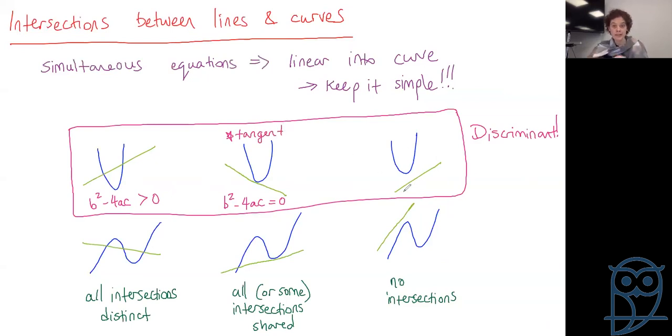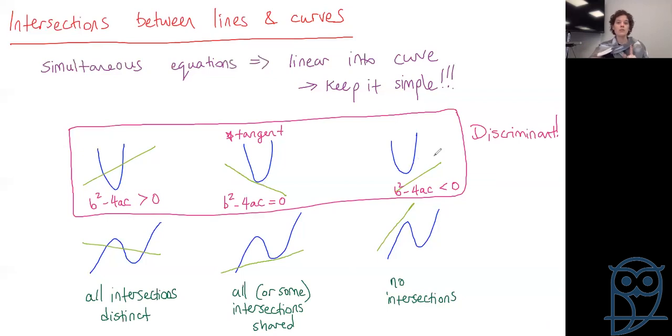And no intersections, same as no roots, no solutions, b squared minus 4ac is less than 0. So all we did was change one little word in that discriminant phrase, and it works so beautifully. So we can use that discriminant. We can see, do we have 2 intersections that are distinct? Do we have 2 intersections that are shared? Are we looking at a relationship tangent to curve, or no intersection at all?